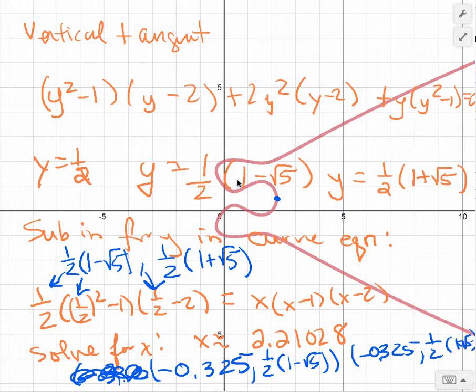And that shouldn't be surprising that we're seeing two things here with the same x coordinate. That works out. Okay. So now let's think about the horizontal tangent.